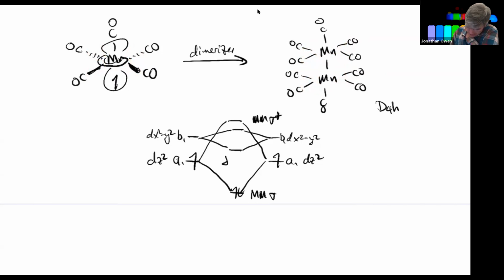There's a delta and a delta star. Notice how much smaller I've drawn that splitting, right? That overlap is not nearly as good. Delta is not nearly as good as sigma.